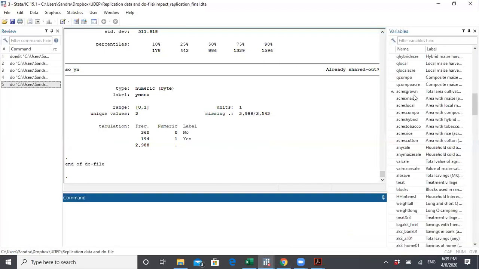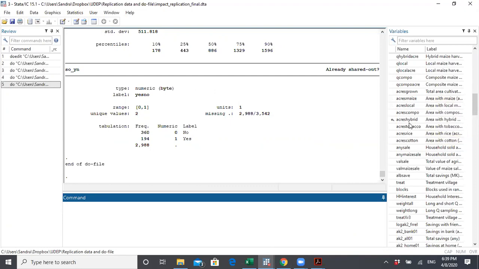This is just some descriptive data, like what do these farmers use their land for? For example, acres maize is how much area of your land you use for maize. For different crops, basically tobacco, rice, cotton.